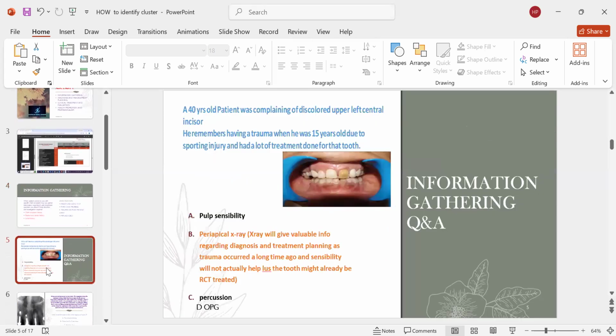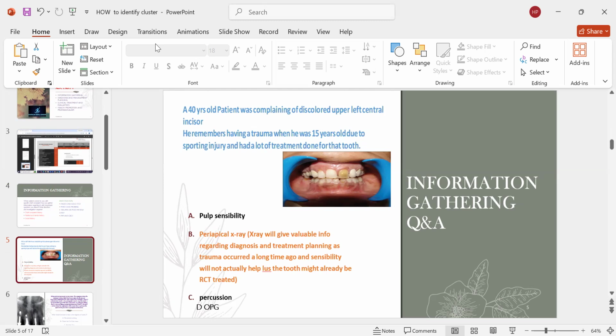I need everyone to put in the chat the answer to this particular question. There is a 40-year-old patient complaining of a discolored tooth. There was a trauma 15 years before and a lot of treatment has been done. So when you read the scenario, try to collect the keywords. What is the keyword over here? Treatment has been done, many treatments have been done.